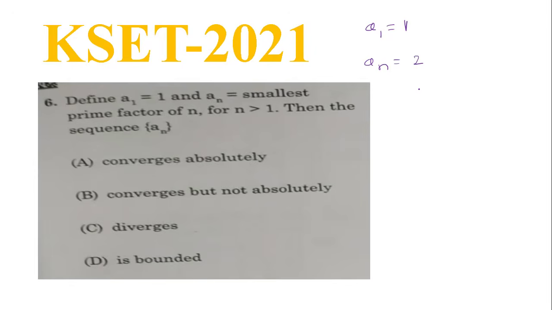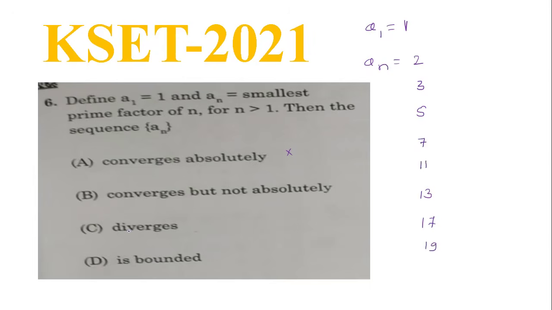That means 2, 3, 5, 7, 11, 13, 17, 19, like this. Then the sequence A_n converges absolutely? This is wrong. Converges but not absolutely?